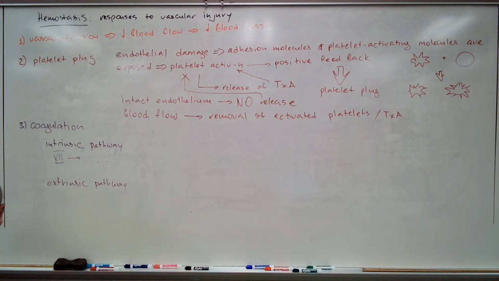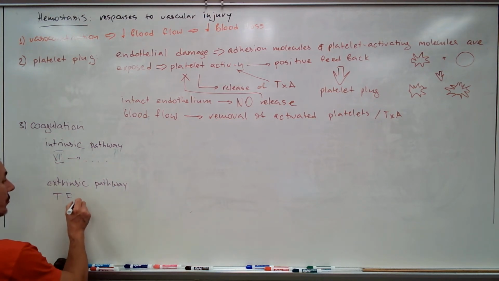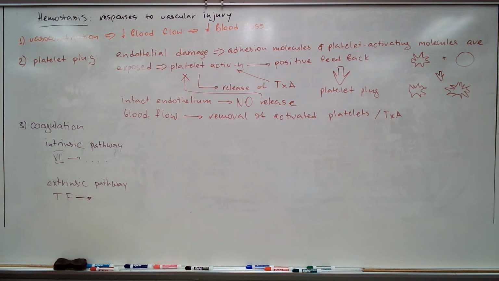Now let's talk about the extrinsic pathway. Check this out. In the extrinsic pathway, the damage is so big that basically tissue gets involved, tissue that is beyond the blood vessel. Are you following me? So that results in the release of tissue factor, which activates factor 8, which activates factor 7.